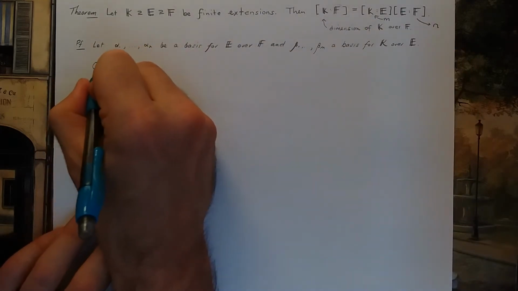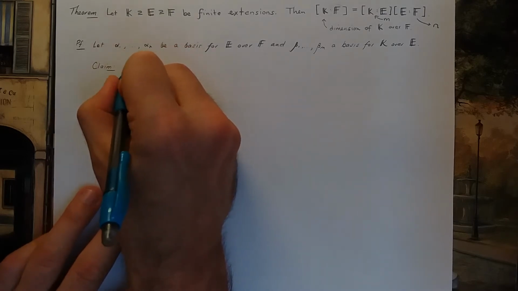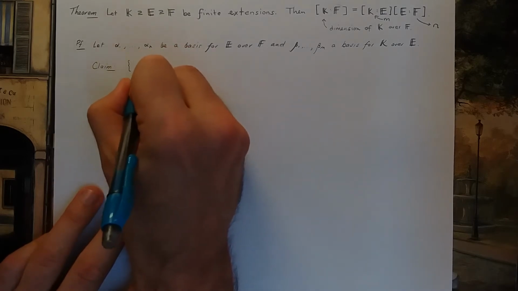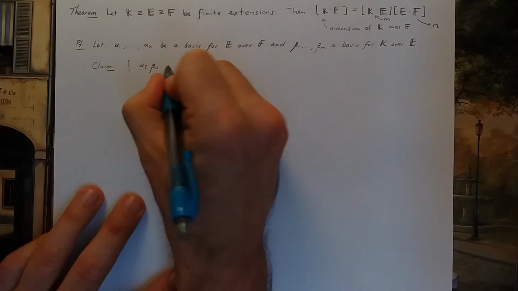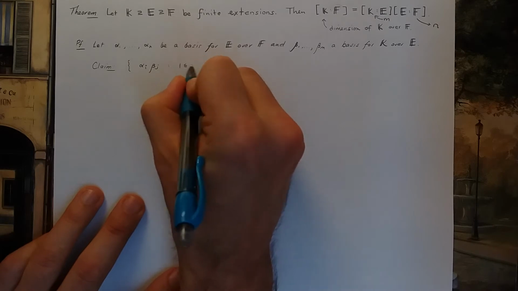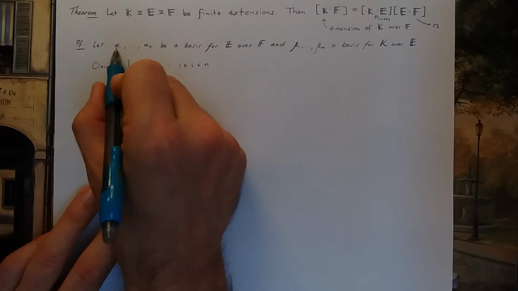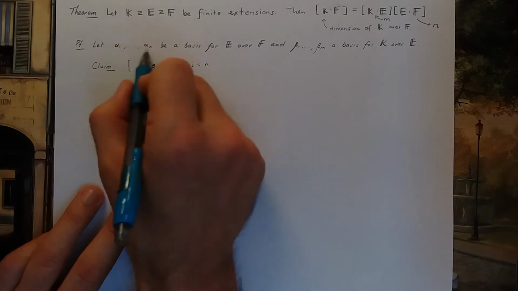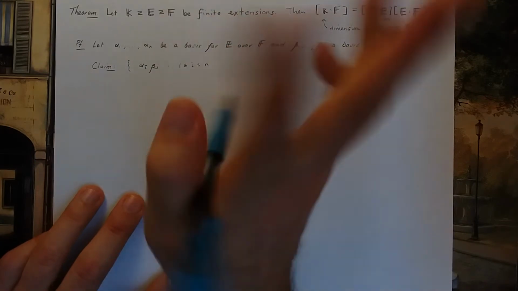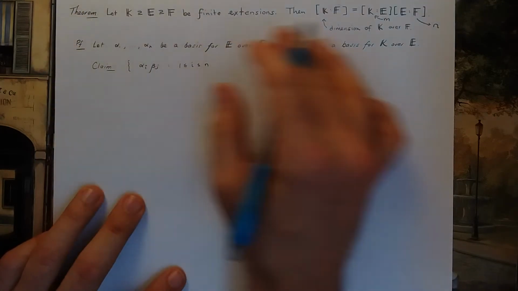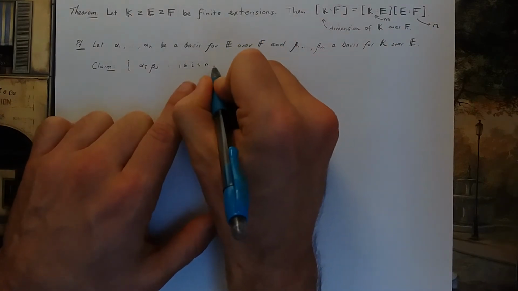So here's the claim. I claim that the set alpha i beta j, where i could be any number between 1 and n, so you could pick any element in the field you want here, and multiply it by any choice of beta. So you multiply all possible alphas with all possible betas in every possible combination.